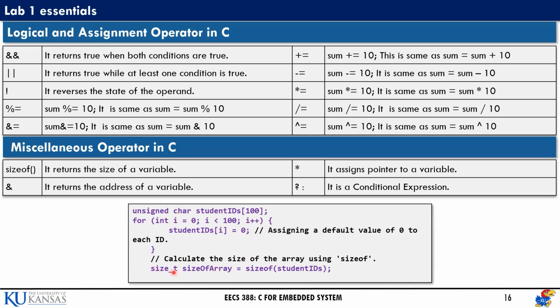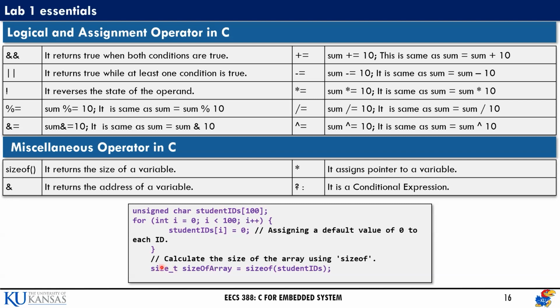And this size_t is another keyword in C. This is the type that has the maximum bit width. For example, this size_t can vary based on the machine. If you have a 32-bit machine, the maximum number you can have is 2 to the power 32, right?